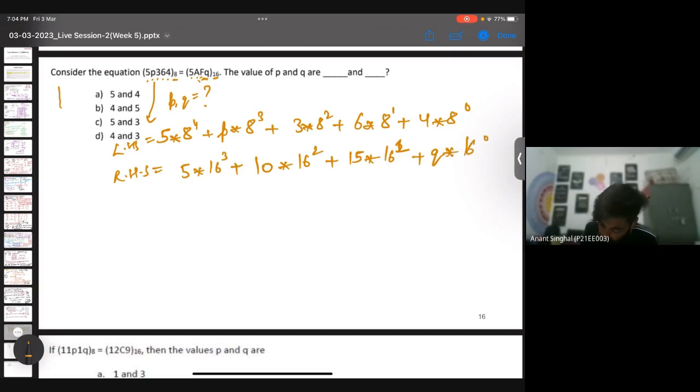I guess you can see if I try to take two common from every term.